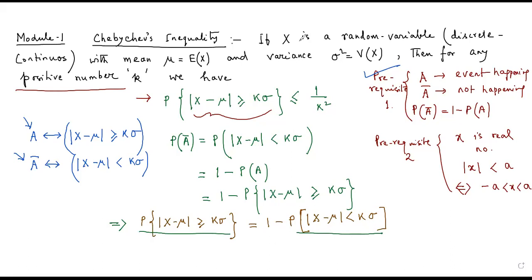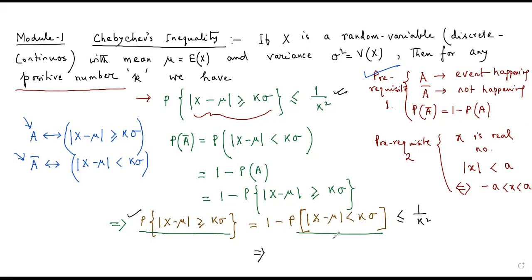But from the above inequality, we know that this quantity, probability of mod of x minus mu greater than or equal to k sigma, is actually less than or equal to 1 by k square. If this is less than or equal to 1 by k square, and this quantity is equal to 1 minus probability of mod of x minus mu less than k sigma, then this entire quantity will be less than or equal to 1 by k square.